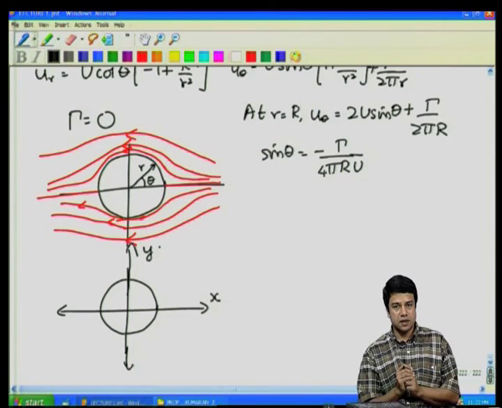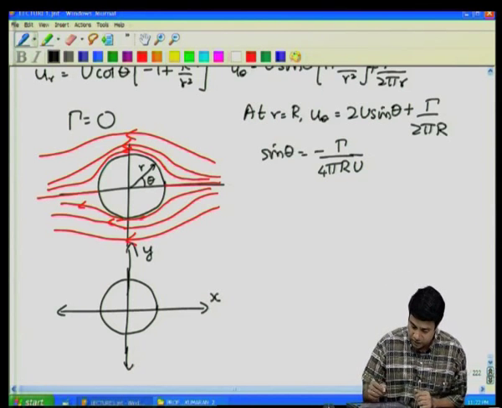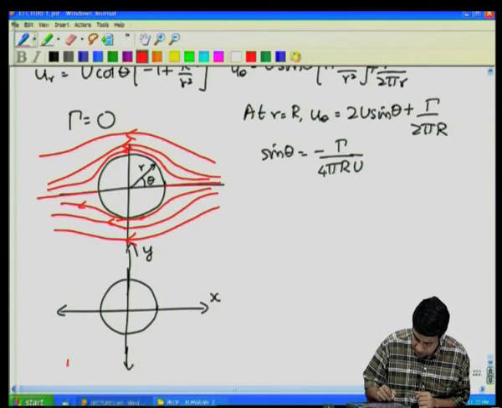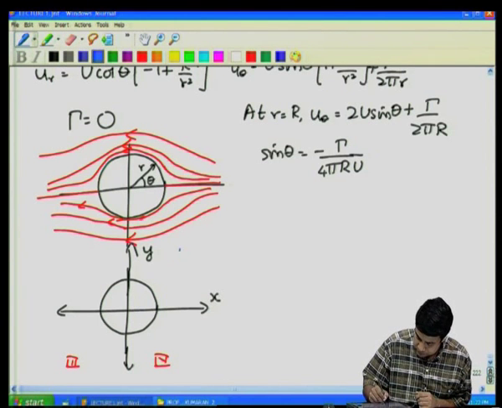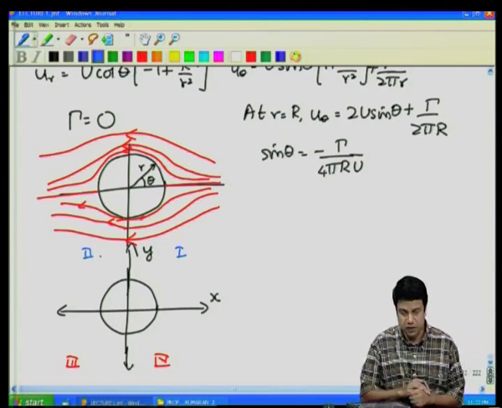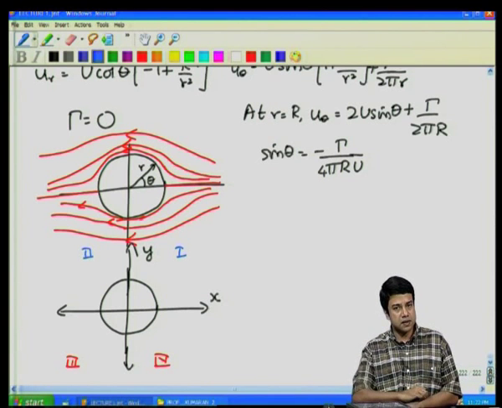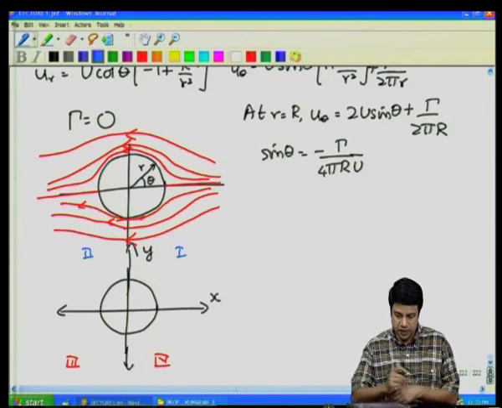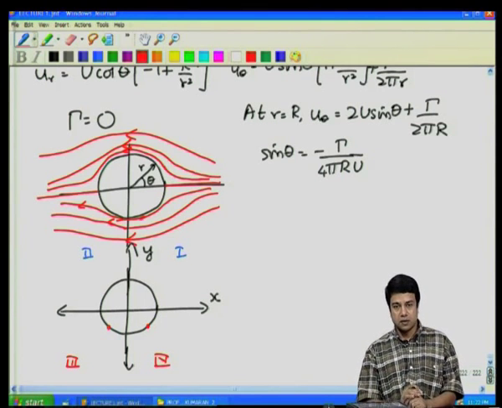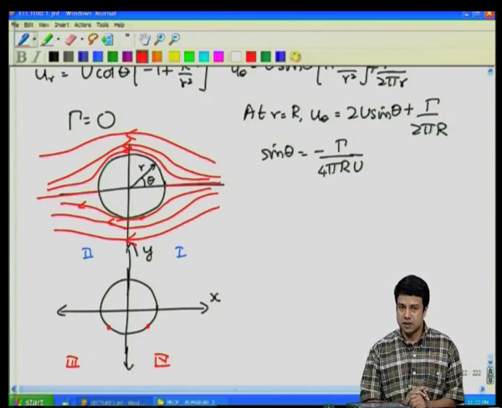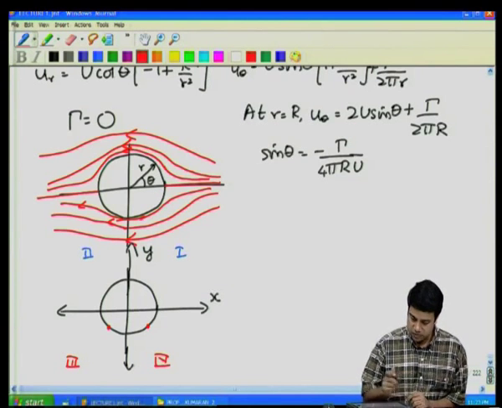Sin theta is negative only in the third and the fourth quadrants, and sin theta is positive in the first and the second quadrants. That means that the location where u theta is equal to 0 has to be somewhere in the third and the fourth quadrants. So, on the surface of the cylinder, this is the location at which u theta is identically equal to 0.